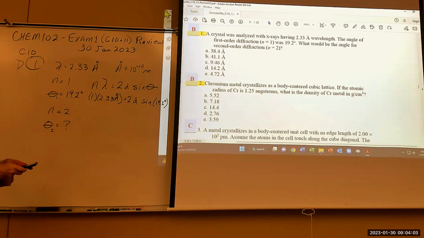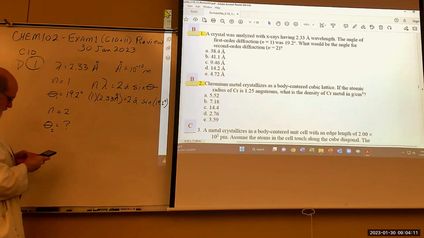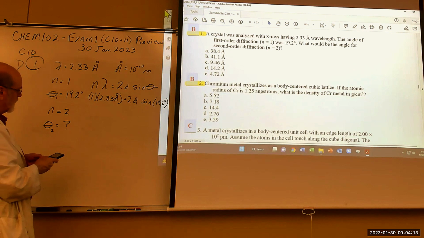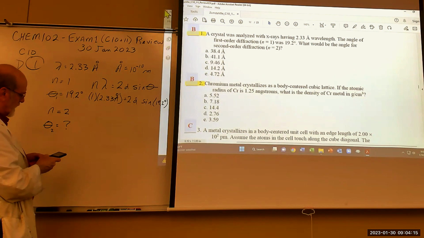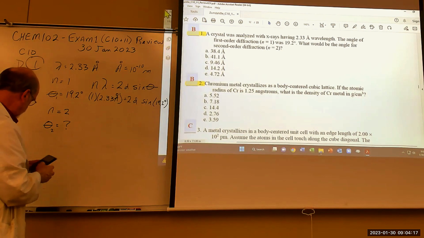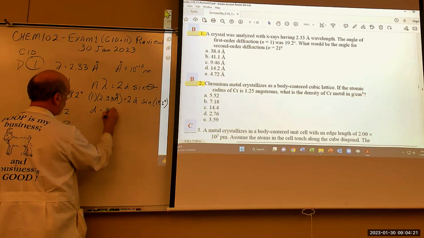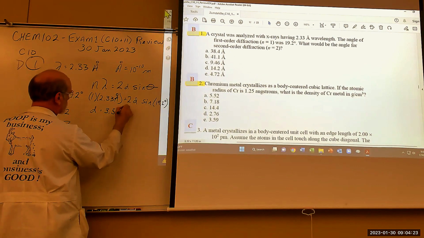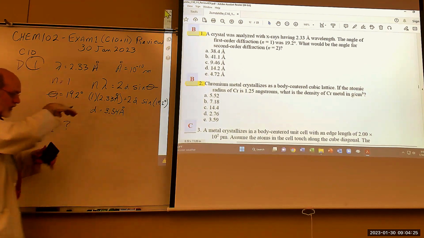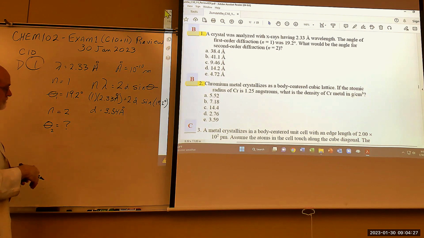Let me take the sine of 19.2. And I'm going to say 2.33, divide that into it, and then divide 2 into that. So I get 3.54 is the distance. 3.54 angstroms is the distance separating the crystal lattice.